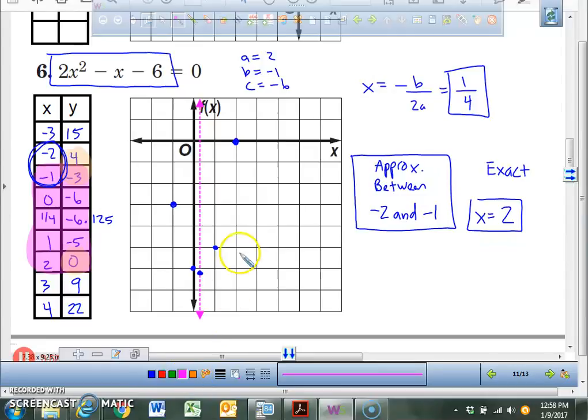So when you draw this graph, do your best to draw an accurate graph that goes perfectly up through 2, 0. And this other one is going to go down between a negative 2 and a negative 1 until it bottoms out.